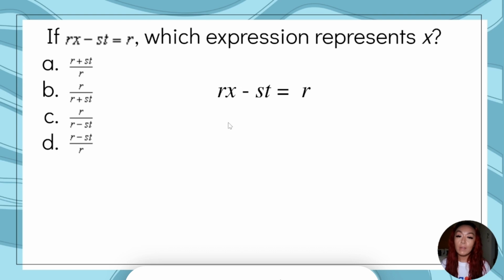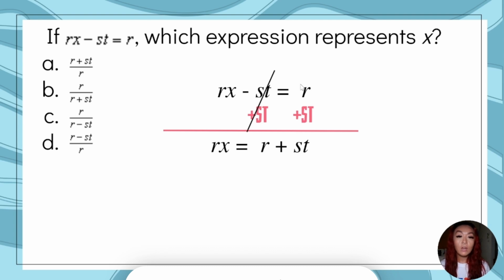So I'm just going to rewrite the equation, and we're going to use inverse operations to undo everything that's being done to X. So first what we're going to do is add St to both sides. St's cancel out, and we get Rx equals R plus St, right? R and St are not like terms, so we can't combine them.